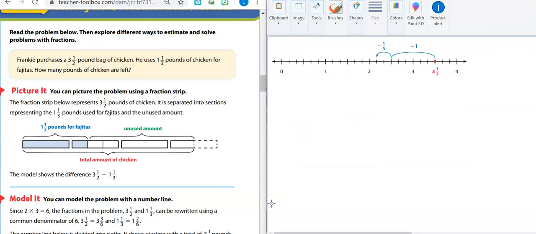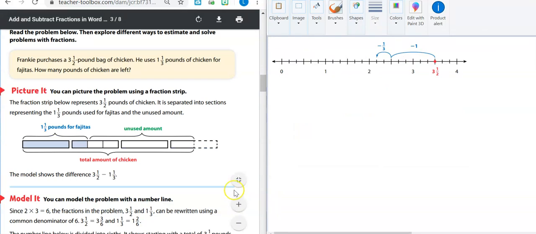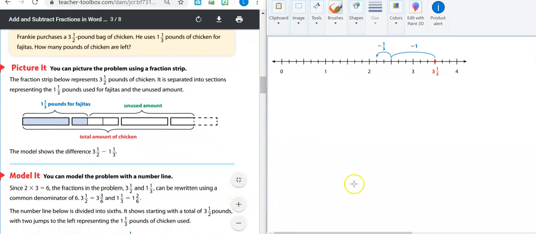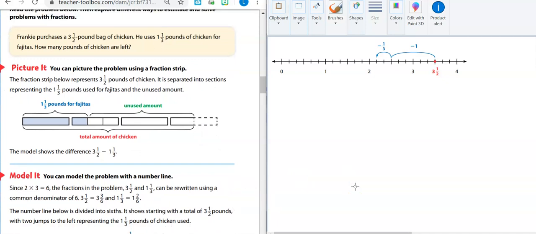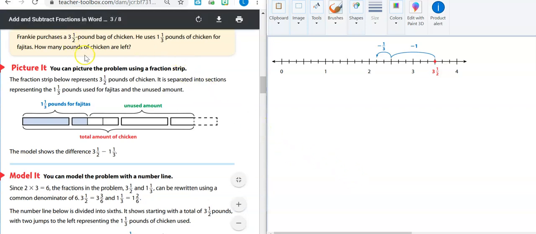All right, so the next problem says Frankie purchases a 3.5 pound bag of chicken and he uses 1/3 pound of chicken for fajitas. How many pounds of chicken are left? By breaking down this word problem, we're going to look for the keywords. Left is a keyword, and purchase is a keyword.